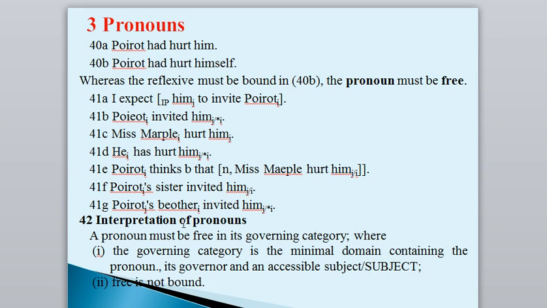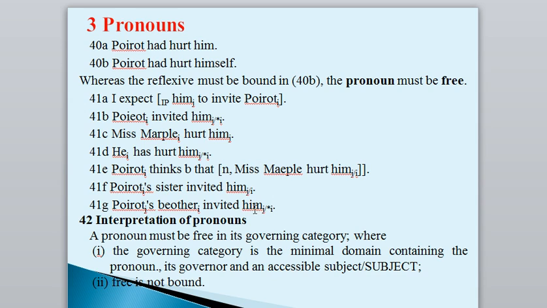And the last one, Poirot's brother invited him. We cannot co-index him with the brother because this sentence becomes ungrammatical, because the pronoun should be free. So if we co-index him with brother, it is ungrammatical.